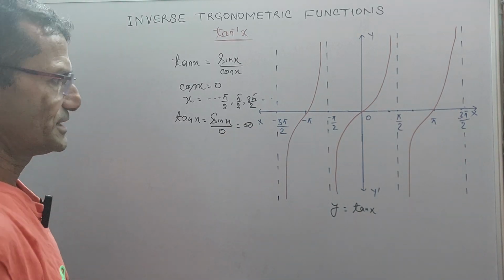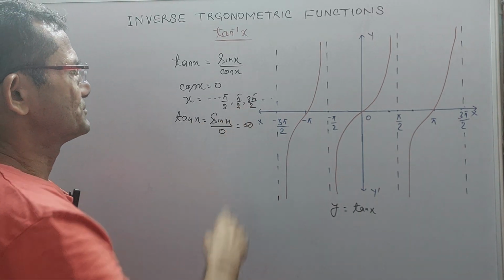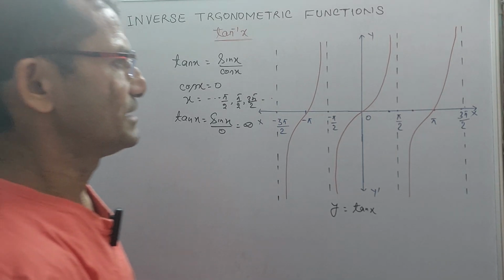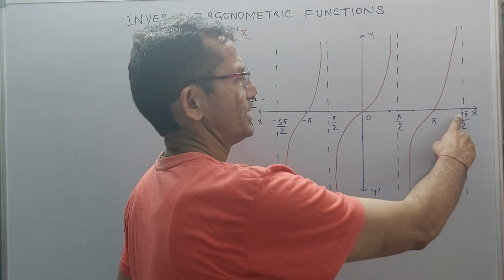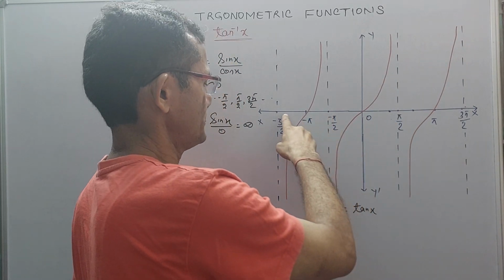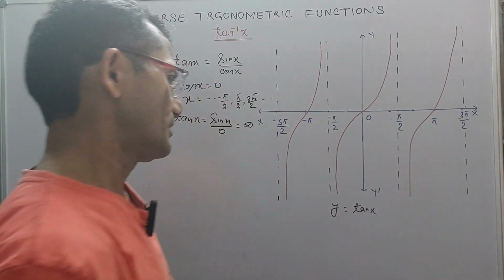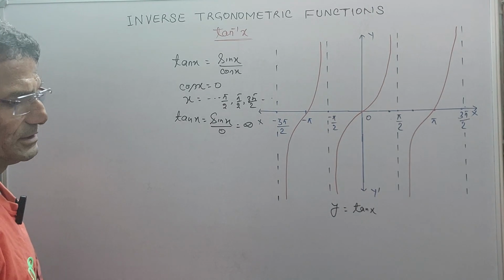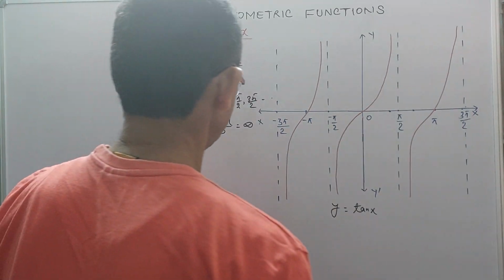So it means that tan x is not defined at these values. That's why the graph is showing at 3 pi by 2, pi by 2 it is plus infinite, and at minus pi by 2, minus 3 pi by 2 it will be negative infinite. So we have to delete these from the domain.